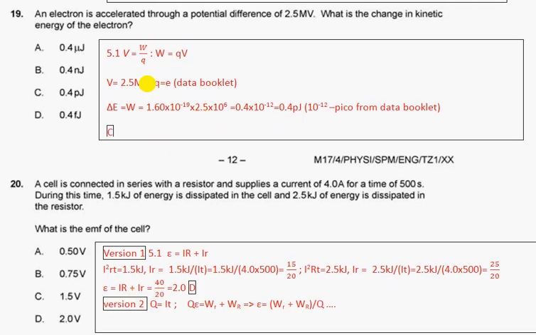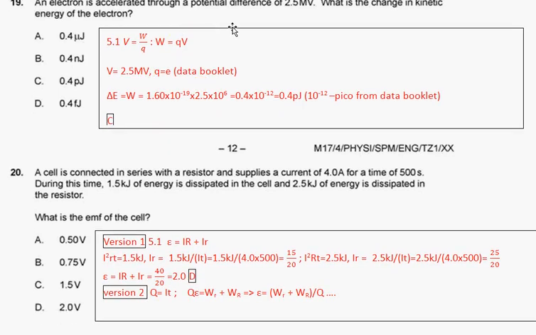Question 19. An electron is accelerated through a potential difference of so much. What is the change in kinetic energy of the electron? From section 5.1 we know that potential difference equals work over charge. It means that work equals charge times potential difference. So the potential difference is so much.